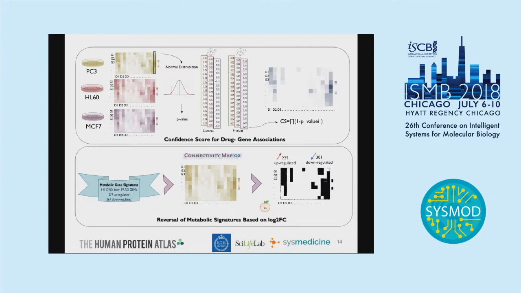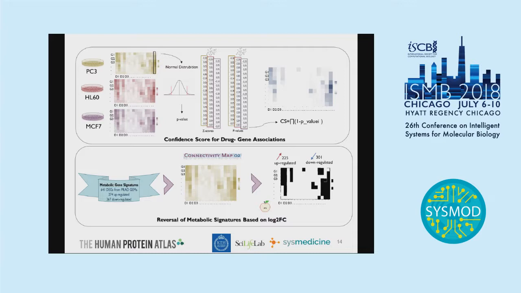And then I calculated the confidence score for these drug-gene associations. First I calculated p-values for each of the 3 cell lines, and I used a naive Bayesian formula to calculate one consensus confidence score.